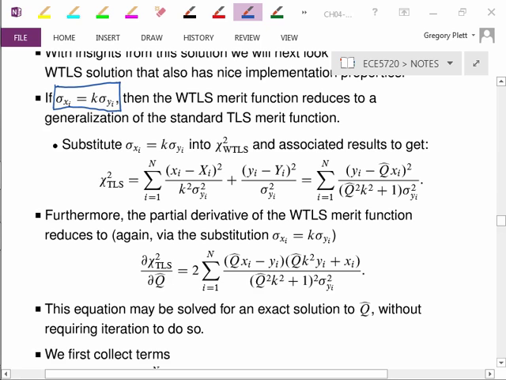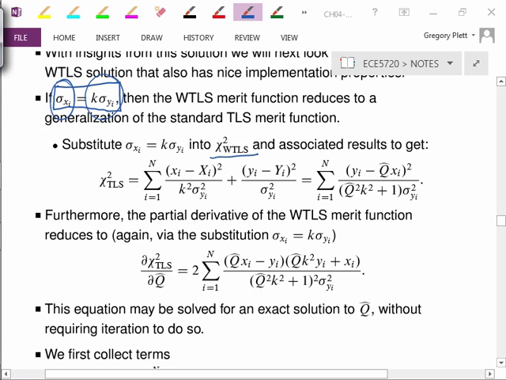What we're going to do, instead of reinventing a lot of the math that we did for the weighted total least squares solution, is take the intermediate results of that solution, and everywhere that I had a sigma x_i, I'm going to replace that by k times sigma y_i, and we'll see that that really helps everything to fall apart.